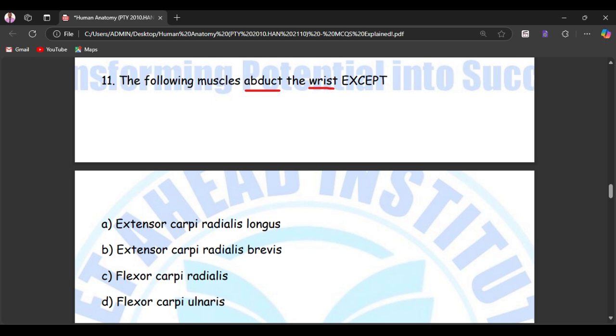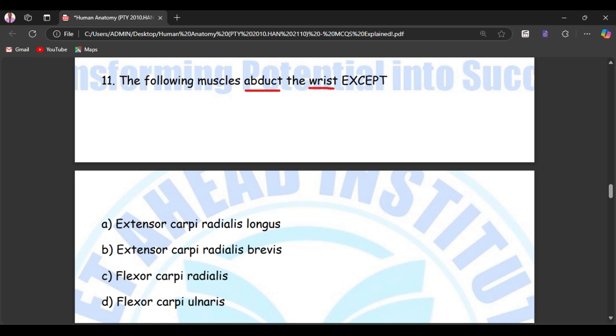Firstly, there are various muscles which help with the abduction of the wrist. For example, the abductor pollicis longus functions to abduct the thumb at the carpometacarpal joint.